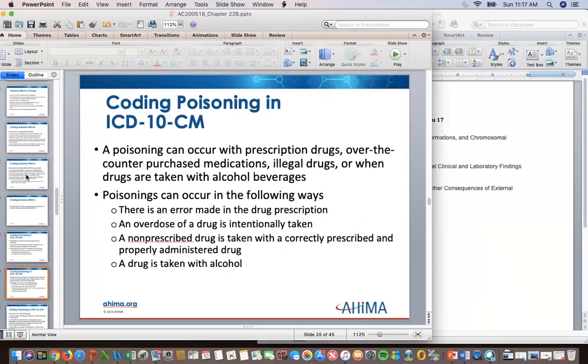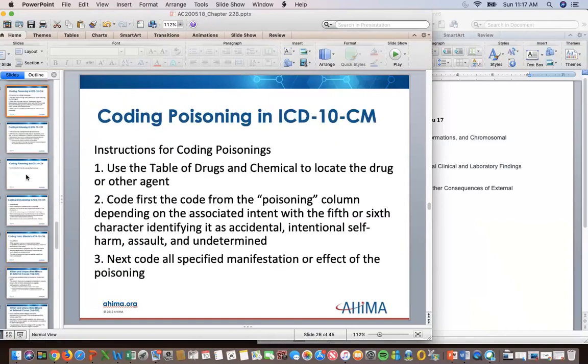We'll get into huge depth in the poisoning section. A poisoning can occur with prescription drugs, over-the-counter drugs, illegal drugs taken with alcohol, beverages, etc. Very intense. So if you're working at a facility where you see a lot of this, it is going to be your forte. You will know these guidelines like the back of your hand.